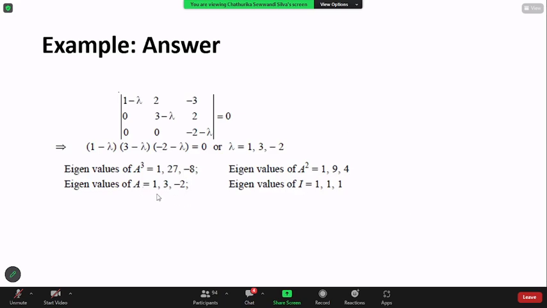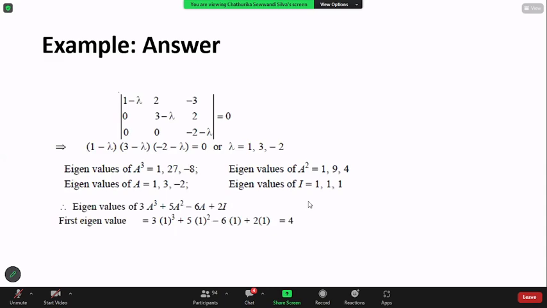A is definitely 3 by 3, so 3 eigenvalues, and also I, because all these are 3 by 3, we need to select the identity matrix as 3 by 3, and there are also 3 eigenvalues. So using these eigenvalues, we need to find the 3 eigenvalues of this resultant matrix, and give them separately.